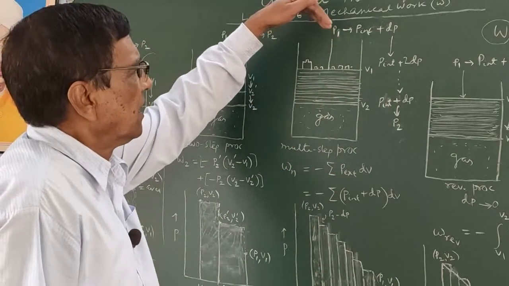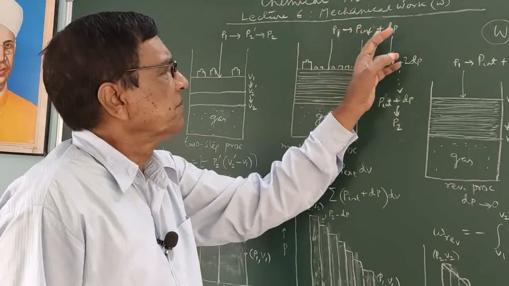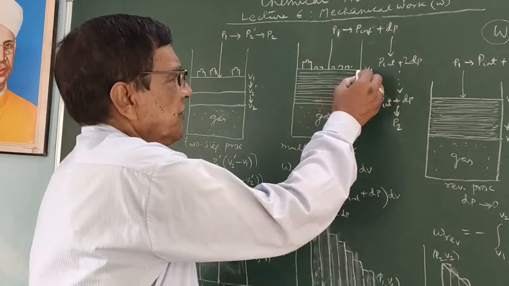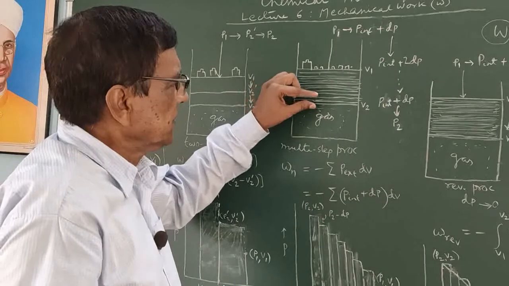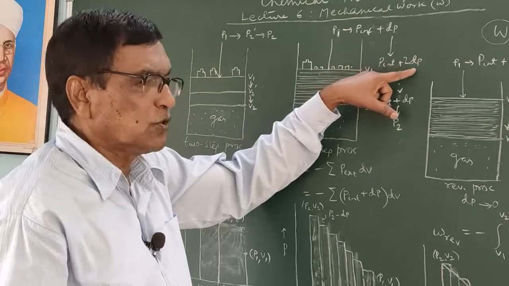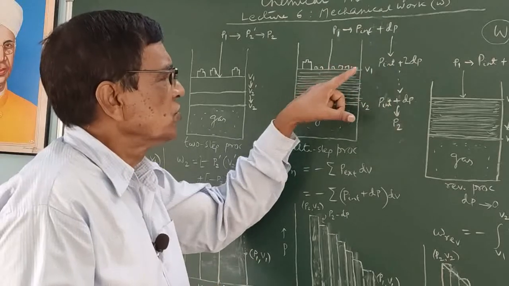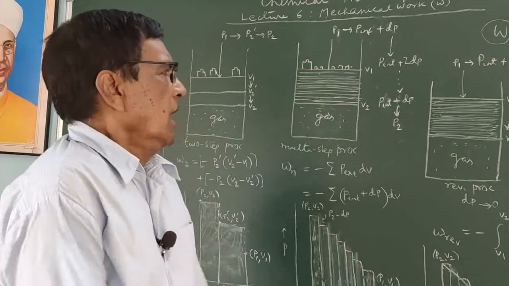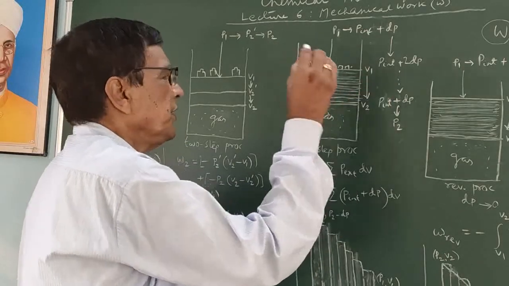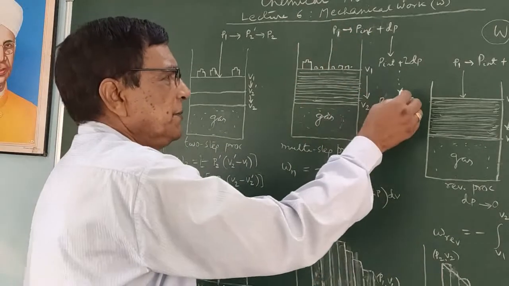So the external pressure is increased, it is internal pressure plus dP, and the volume changes by a very small amount, say dV. Then successively it is P internal plus twice dP, another 100 milligram of weight is added on this piston, and this goes on until the volume changes from V1 to V2 and the pressure changes from P1 to P2, with dP very small.